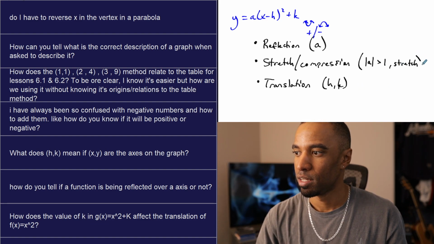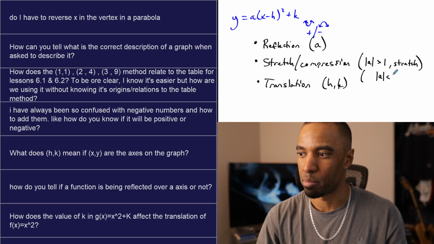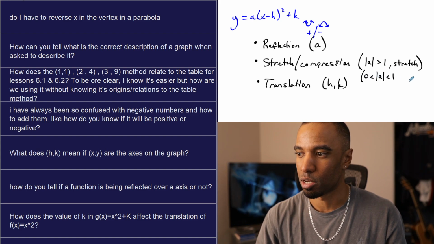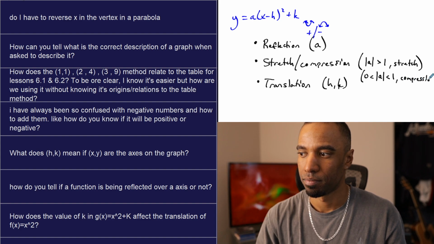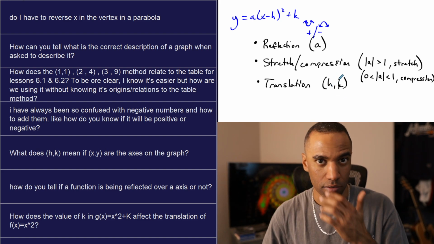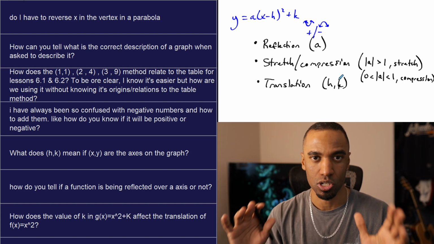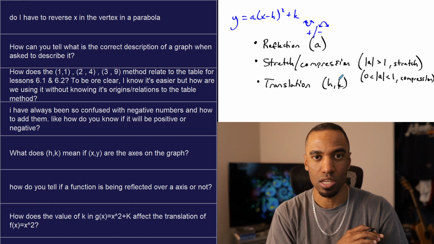If A is between 0 and 1, remember, just negating sign, but if A is between 0 and 1, it's a compression because it has shrunk vertically. It's gotten smaller. And finally, HK is the vertex bit. So you know where to plot a vertex, and we're talking about with relation to the original parent function f of x equals x squared, which starts at the origin.